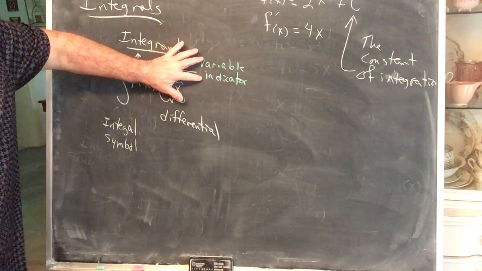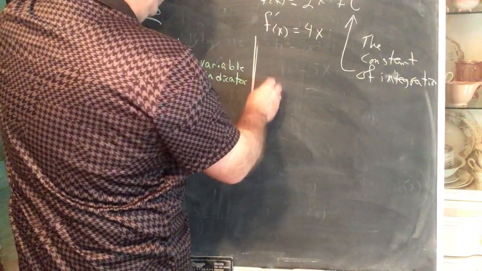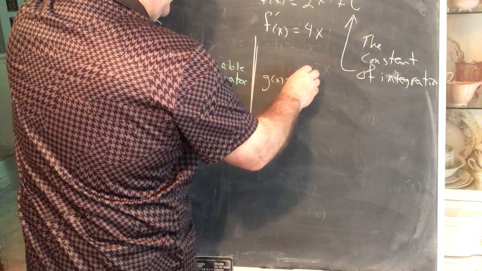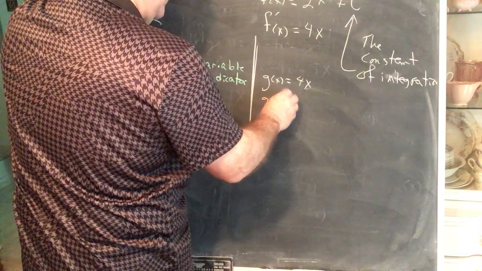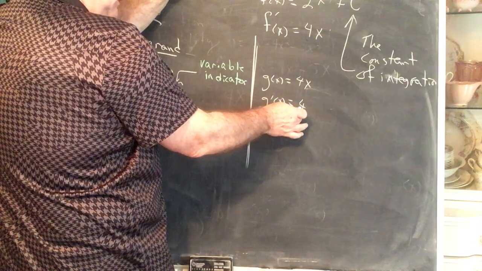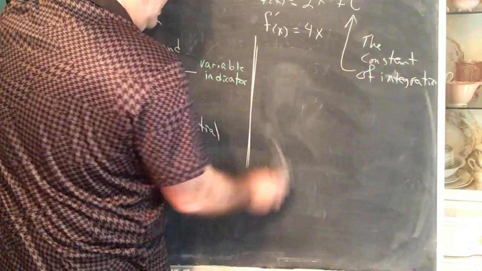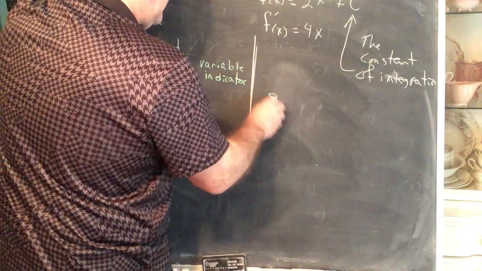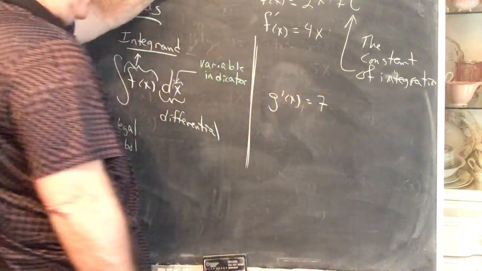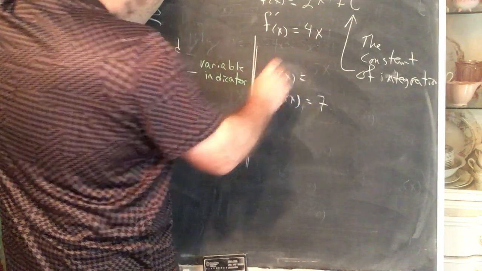Now, here's where this variable indicator comes into play. We recall that if you're given g of x is 4x, then we know g prime is 4. The derivative of a linear term is 4, right? This is the derivative process. But suppose we were given g prime of x is, let's say 7, a constant, and we want to work our way back up the trail to see what is the antiderivative.